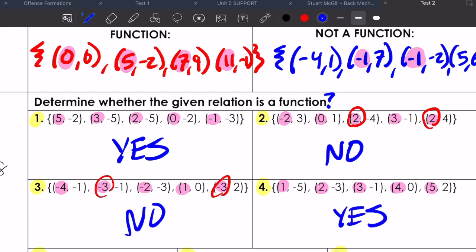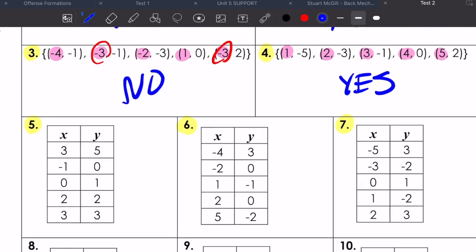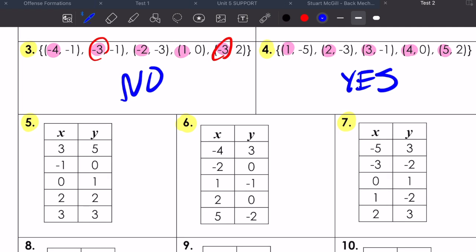So looking at a set of ordered pairs like that inside curly brackets is one way to represent a function. Another way we can represent a function is in a table. This is no different than the set of ordered pairs, except that now I'm listing my ordered pairs in a table, and you should see that the first ordered pair looks like 3, 5.